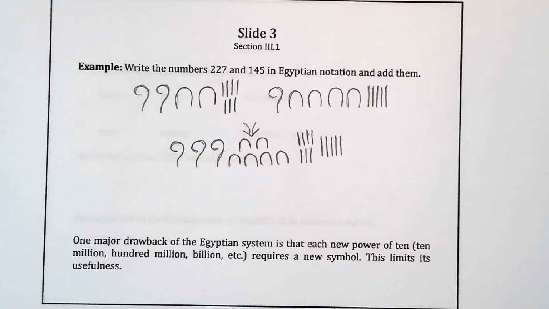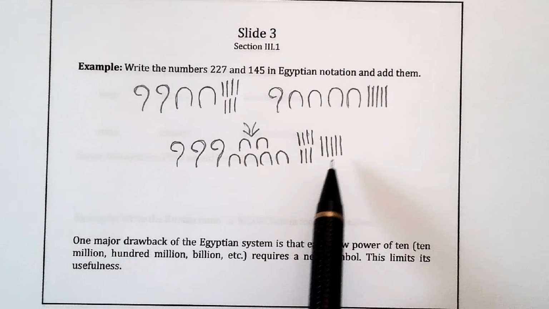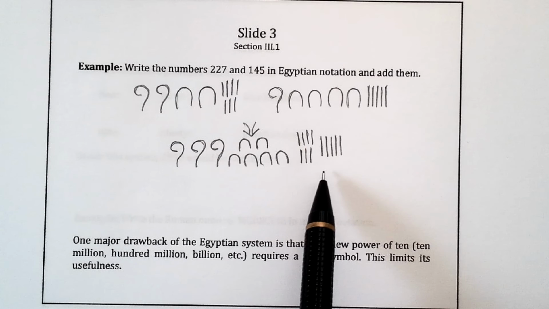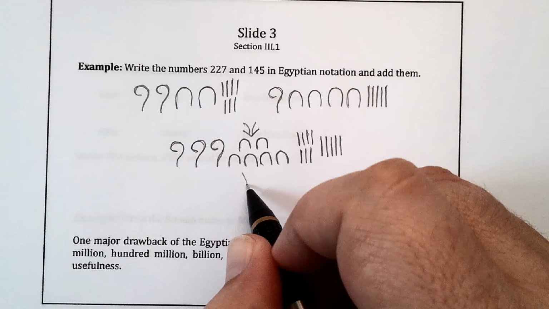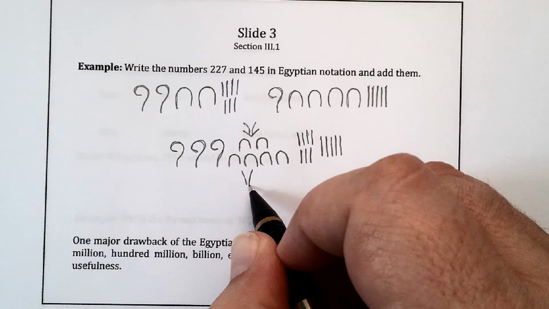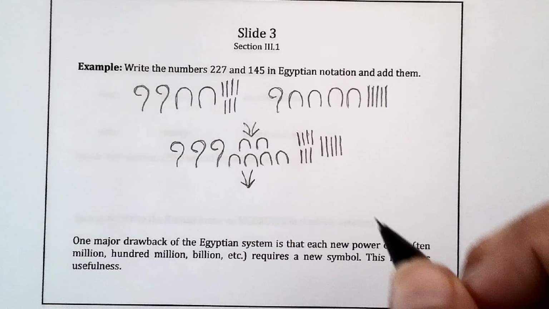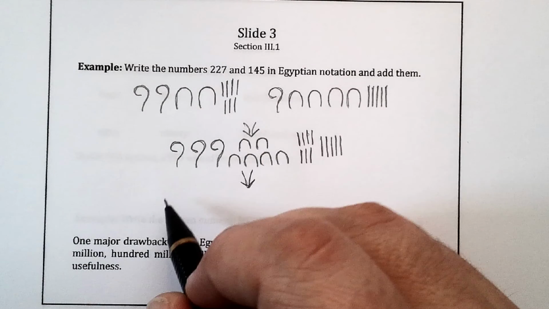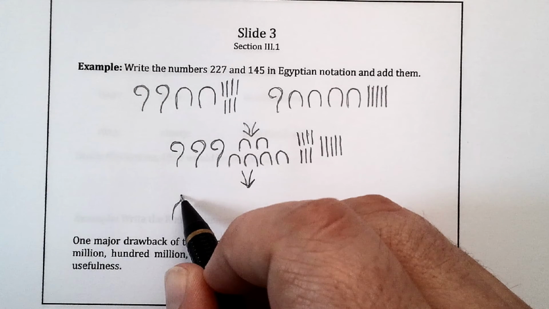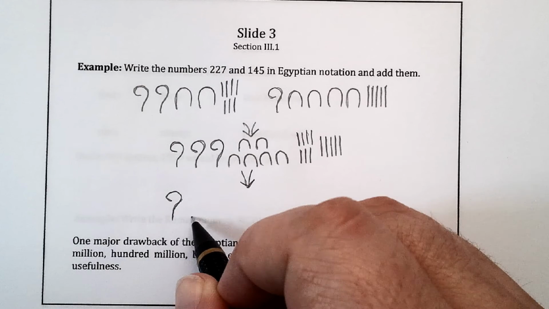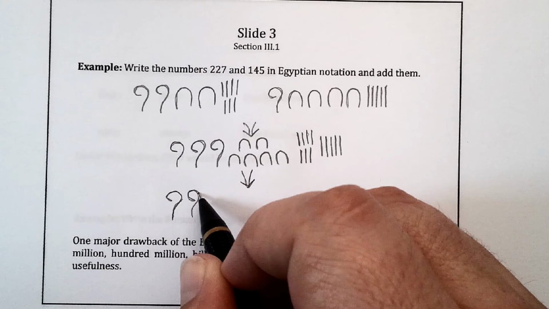So that represents the answer, and there's nothing wrong with that exactly, but yet typically we would want to use as few symbols as possible. So instead of having 12 staffs, what I should really do is take 10 of those staffs and replace them with a yoke. Okay, so I make an exchange. This is similar to what we do when we make exchanges when we add in our own numeration system that we learned in grade school.